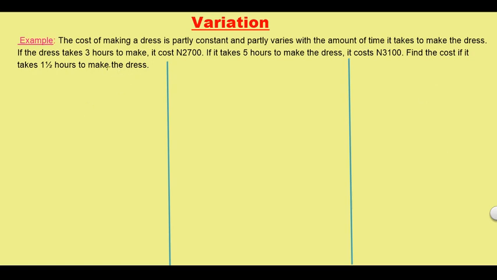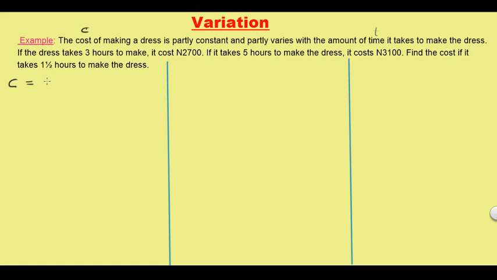The cost of making a dress is partly constant and partly varies with the amount of time. Let C represent the cost and T represent time. So we can say C is partly constant.